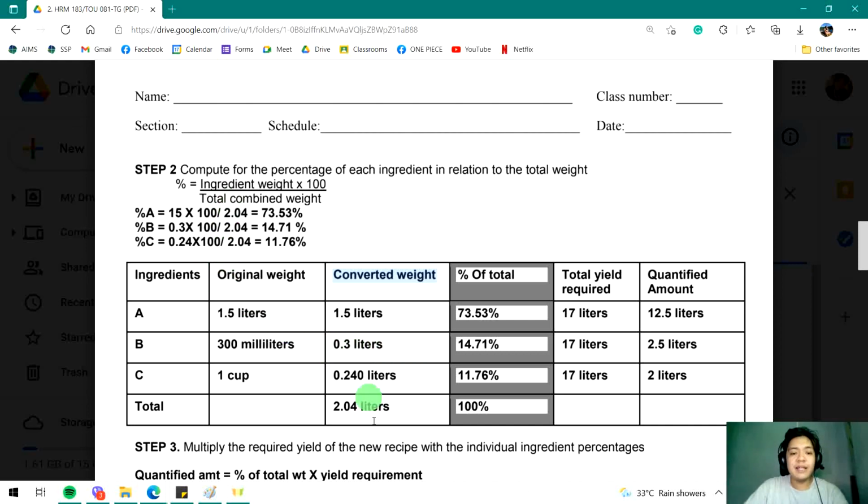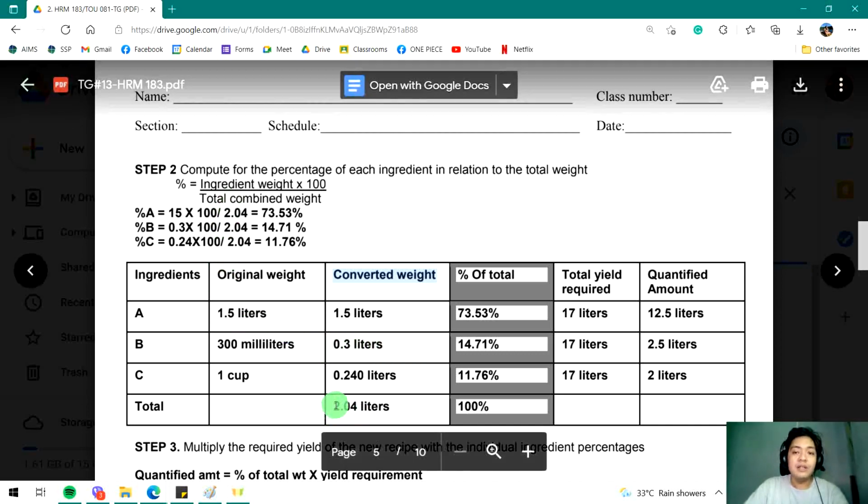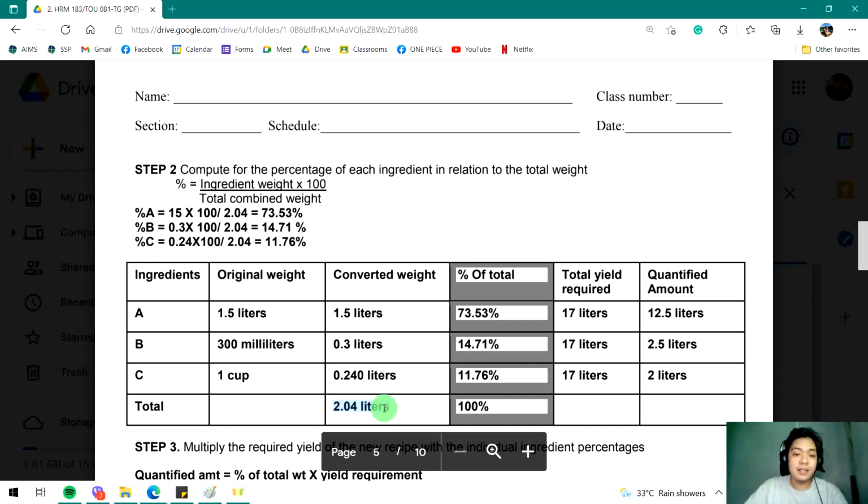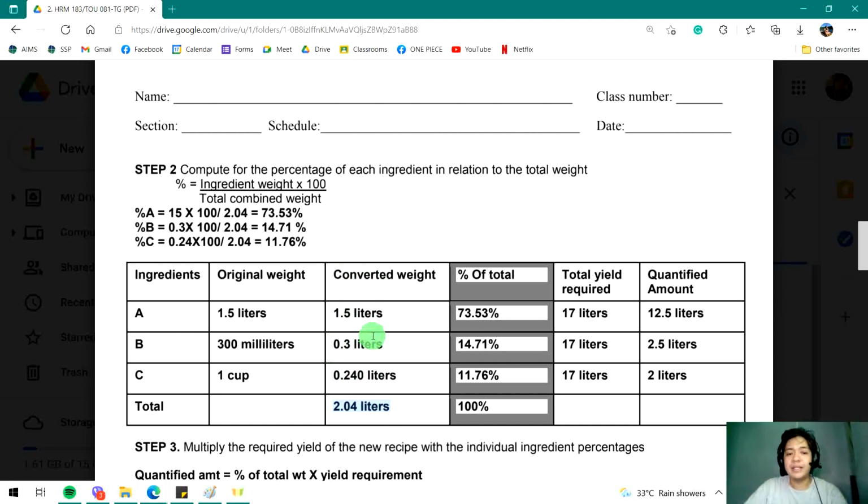And then we will divide it into the total weight na nakuha natin when we summarized our converted weight. So in this example, we're going to do 1.5 liters times 100 divided by 2.04 liters.